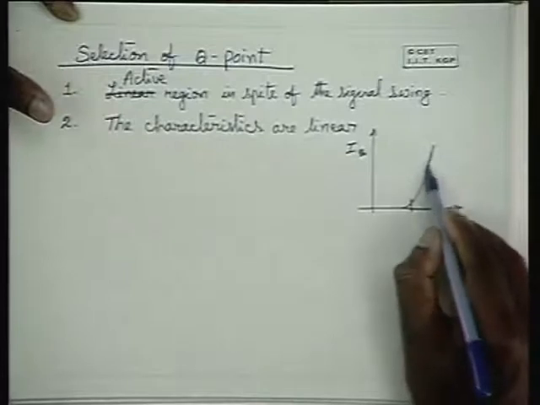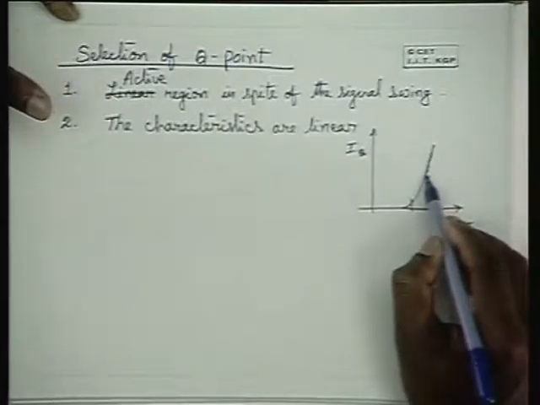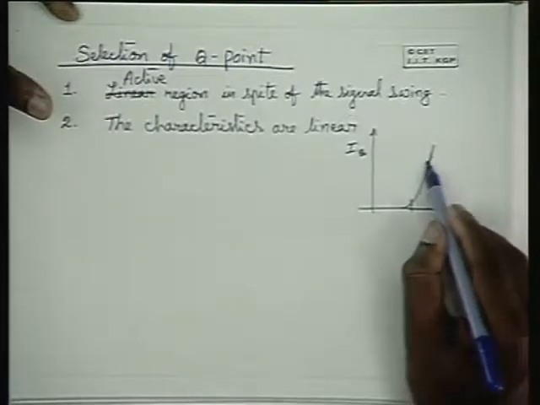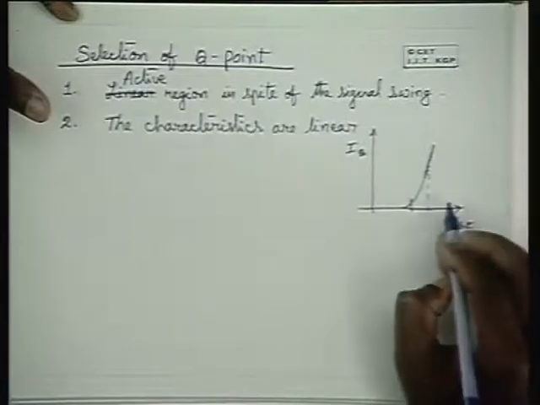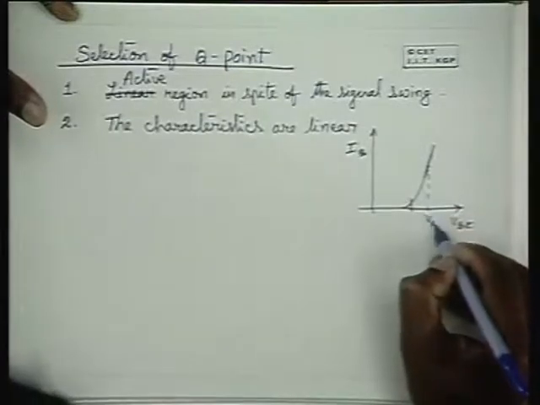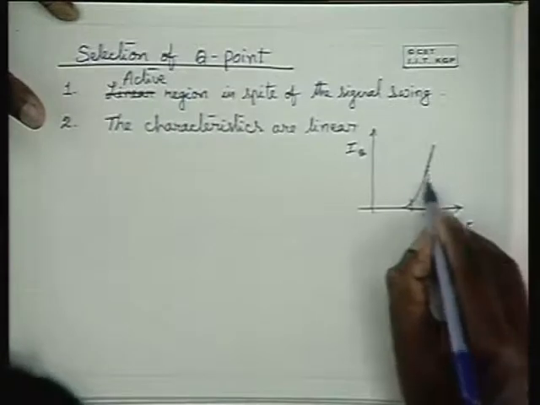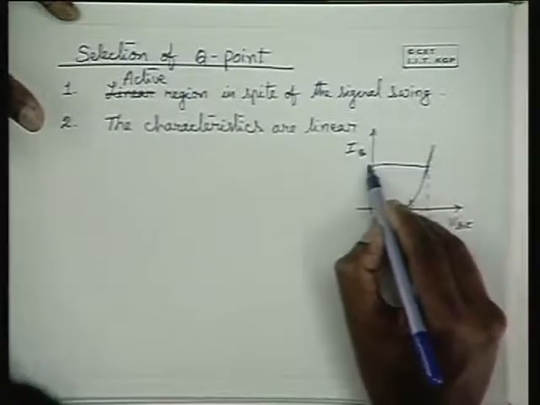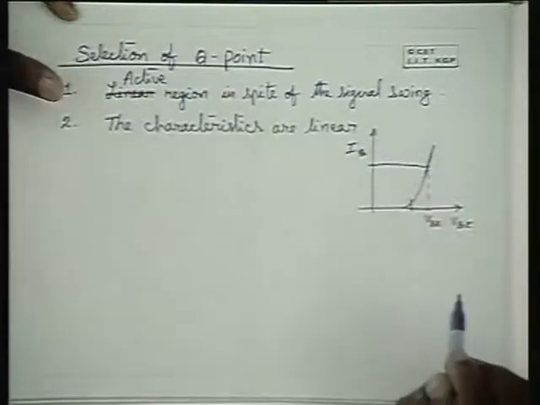It is approximately linear, and predominantly linear in this region. Therefore, we should try to operate the transistor at this particular VB and at this particular IB.